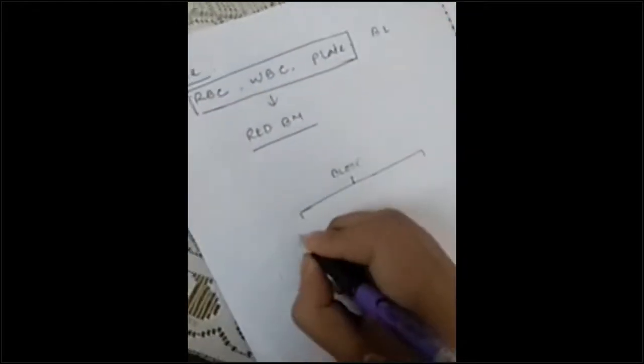Okay. When we learn about the composition, blood has plasma and blood cells. The blood cells are also known as formed elements of blood.